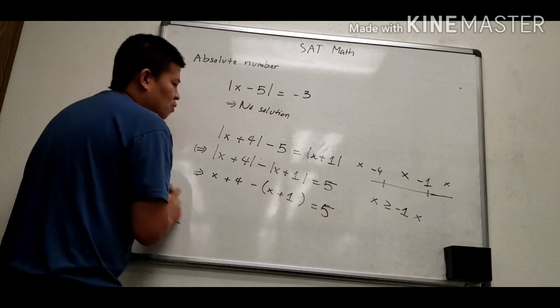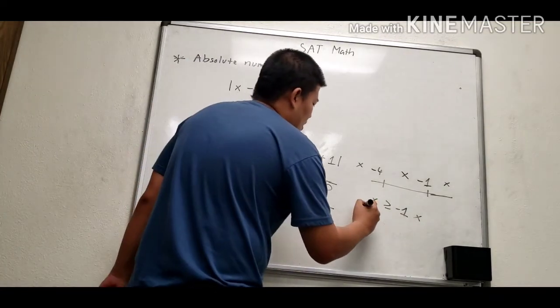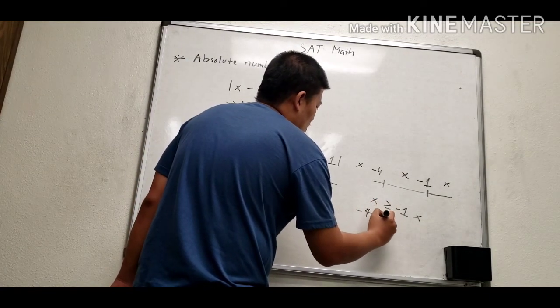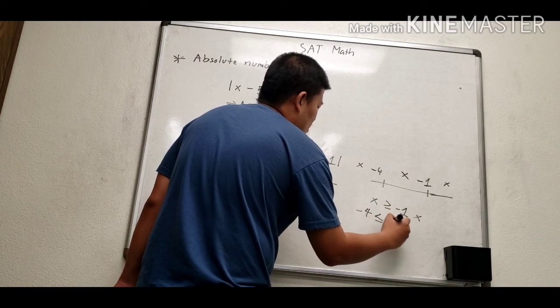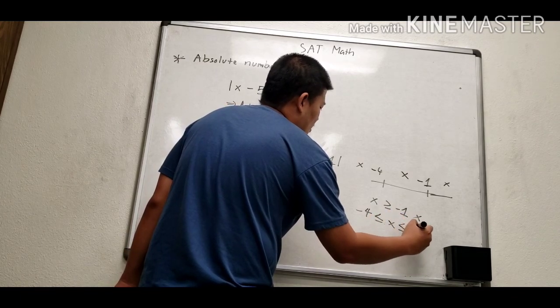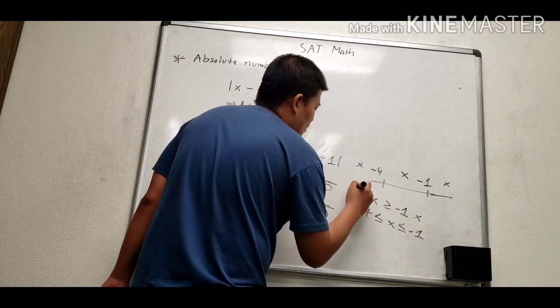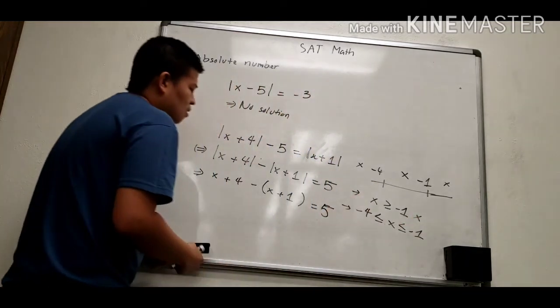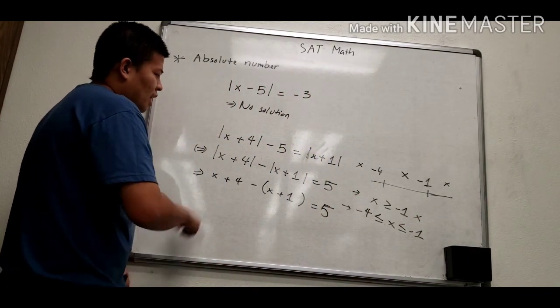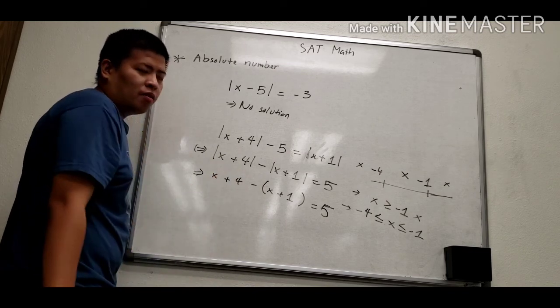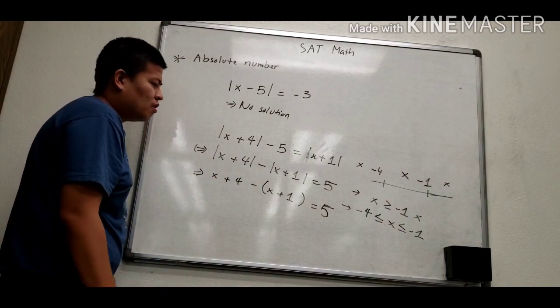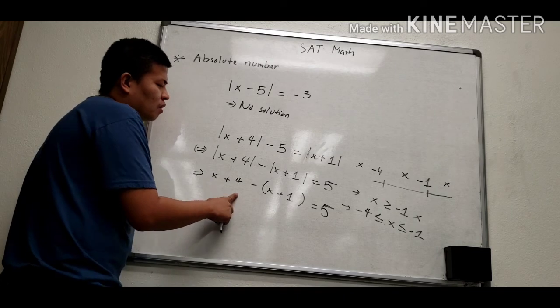Now let's move to minus 4 less than or equal to s, less than or equal to minus 1. Because s plus 4 is greater or equal to 0 here, it keeps the same, s plus 4.